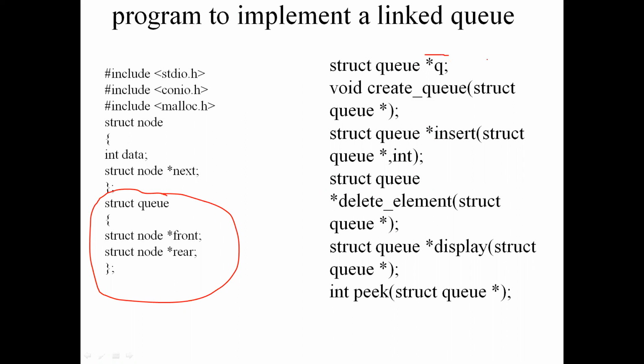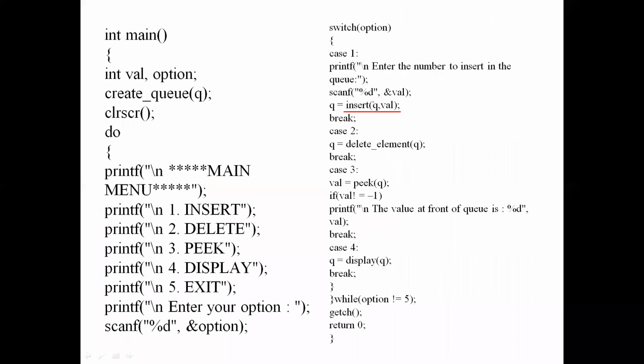Like this, I can declare star Q1, star Q2. You can have any number of queues in an application. So that's what we are passing: on which queue you are doing the operation, and you are passing the value, right?